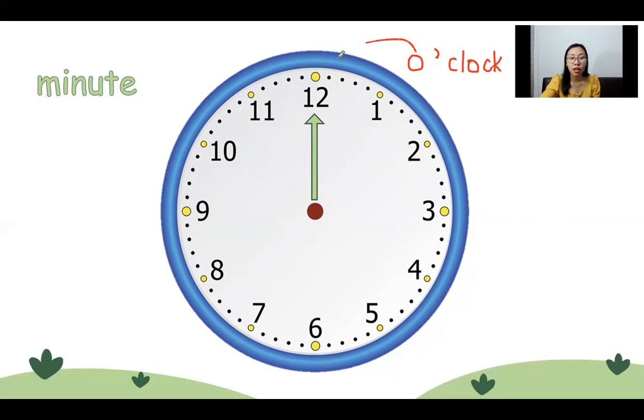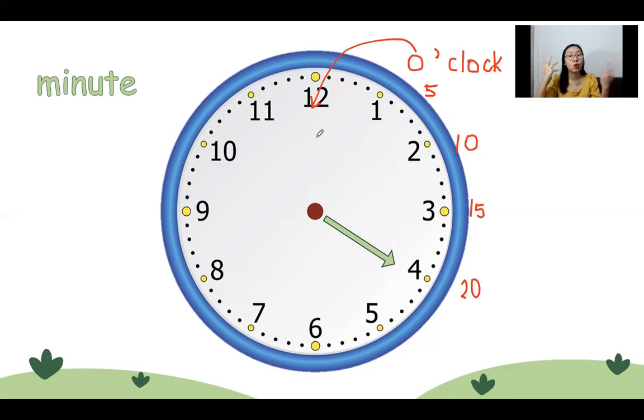If the long hand points at 12, okay? That is o'clock. All right, so if the long hand points at 1, we have 5. Now if the long hand points at 2, 10. Long hand points at 3, 15. Long hand points at 4, 20. Now I think you know it, math. 1 times 5, 5. 2 times 5, 10.